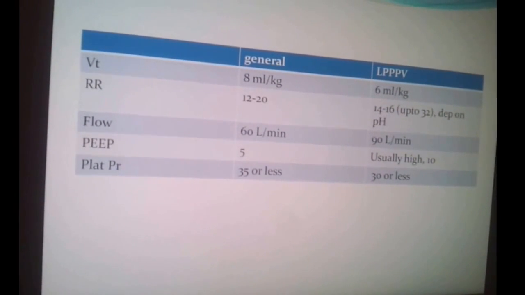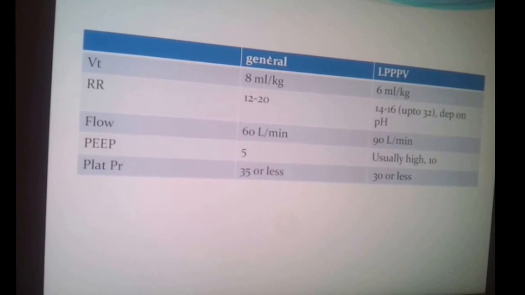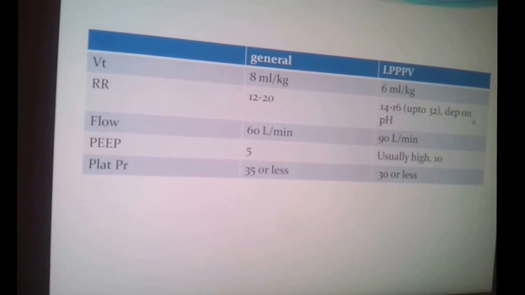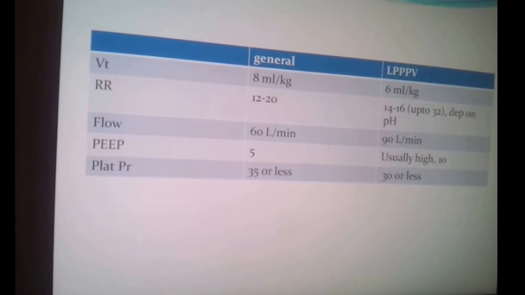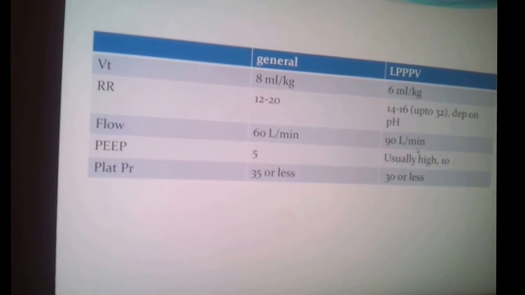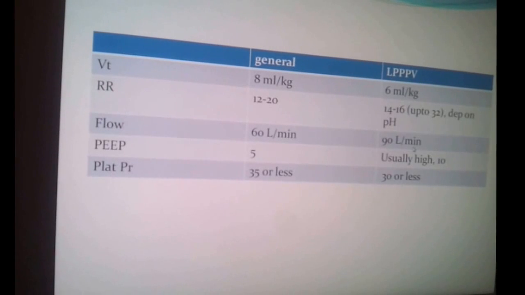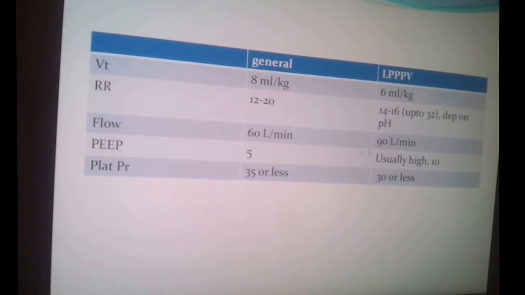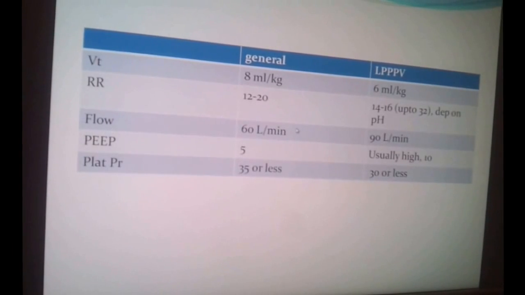Right. So then the rough guide is 60 on the general and 90 on lung protective, because you need higher flows as you have decreased your time inspired and you're giving more expiration time in lung protective ventilation. Whereas with auto PEEP, the Evita XL or the big ICU ventilators do this job really well rather than the C3000s.